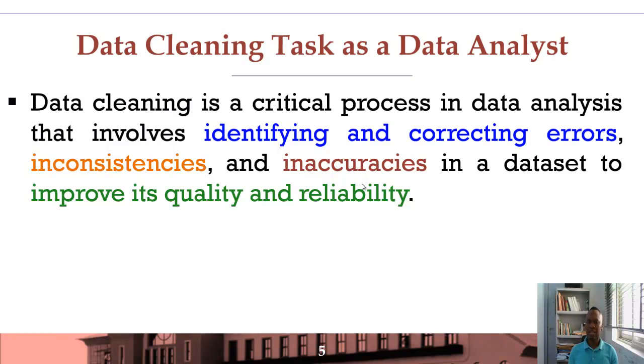Errors that you've not identified, there is no way you can correct. You can only correct an error after it has been identified. So the first step towards cleaning data is to identify those errors. How to identify them will be explained in this video. You identify the errors and then correct them.